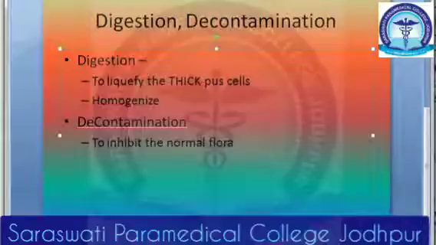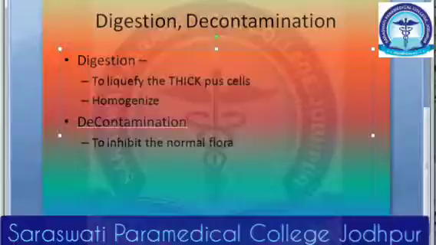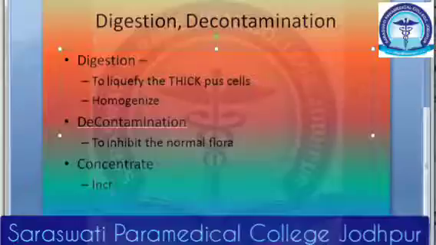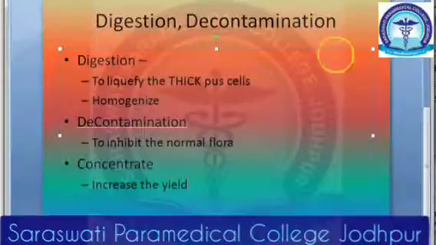So you want to inhibit the normal flora. That is why you will decontaminate it and then you want to concentrate it. Why do you want to concentrate? Obviously to increase the yield, right? You want to have more bacilli, hopefully. Understood? Now is this much clear?